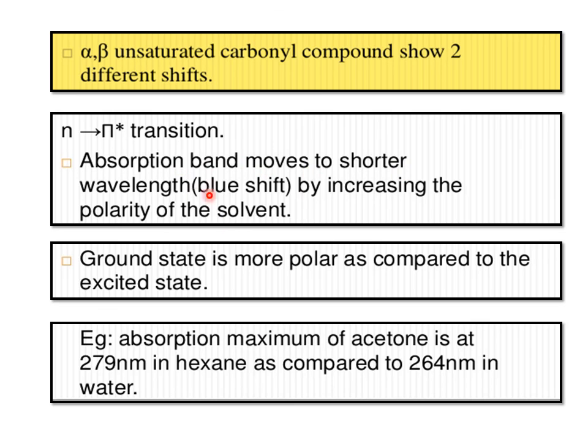Example, acetone. If you run acetone in hexane, you will get a value around 279 nanometer, as compared to 264 nanometers in water. So the absorption band moves towards a shorter wavelength when the polarity of the solvent is changed.